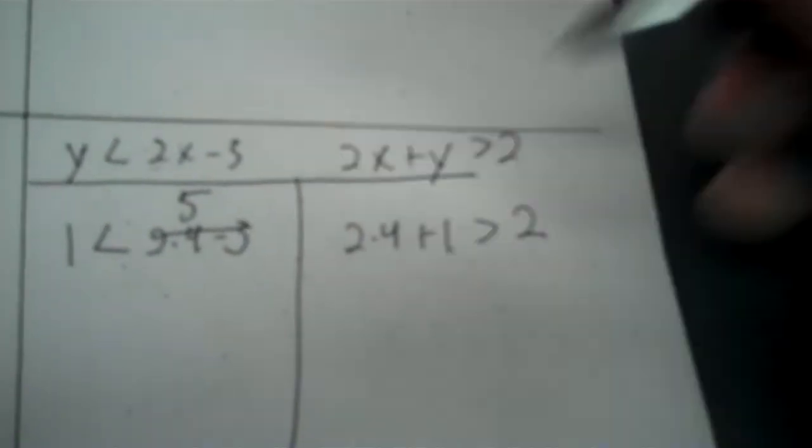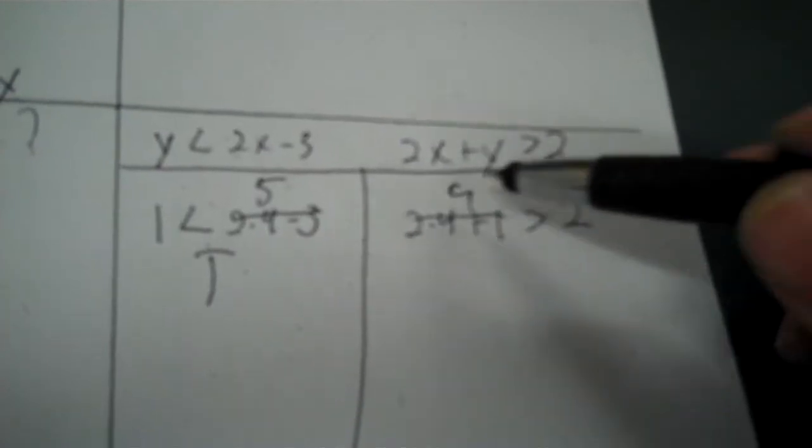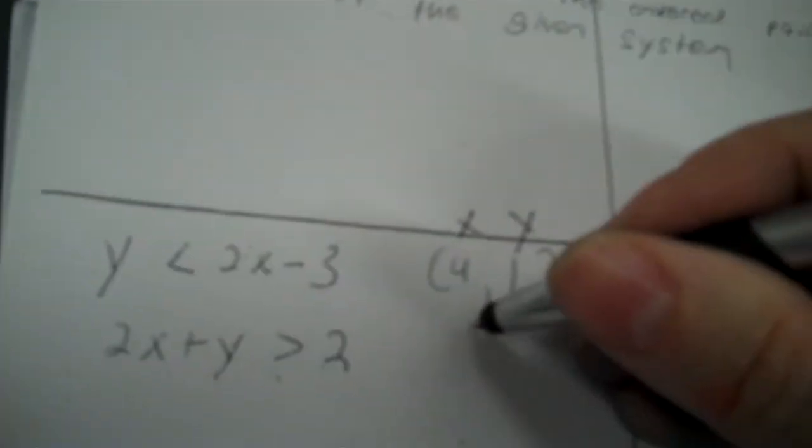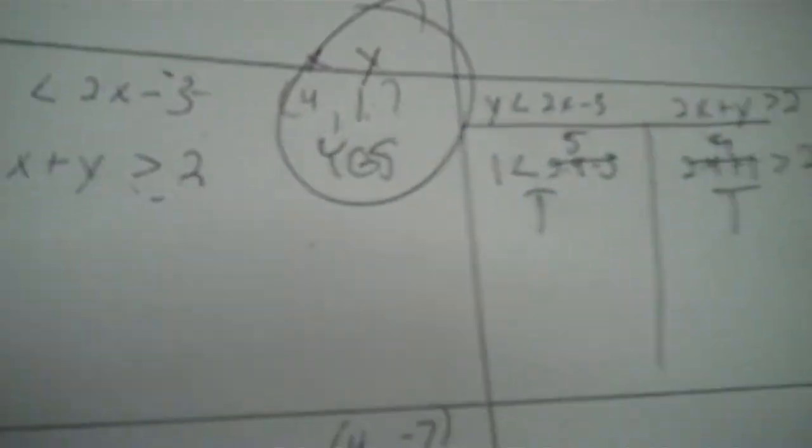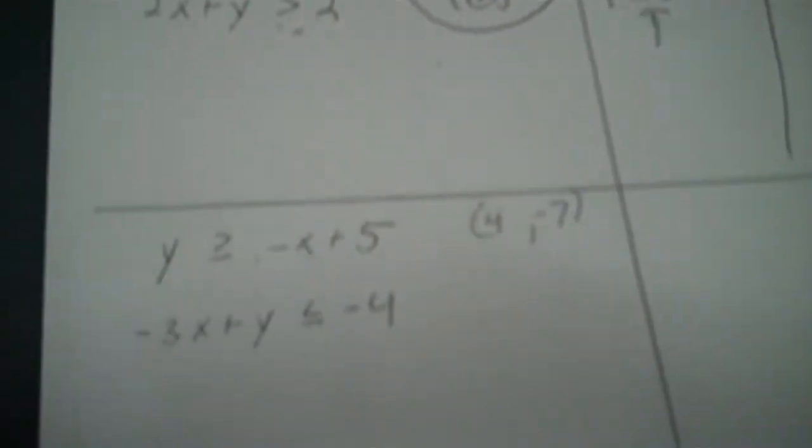Okay, so we got 1 on that side, that's a given. 2 times 4 is 8, minus 3 is 5. 2 times 4 is 8, plus 1 is 9. Does it eat the bigger number? Yep, that's true. Does it eat the bigger number? Yep, that's true. Jackpot, yes, that is a solution for both of them. Okay, so yes, it's a solution to the entire system. Works for both. Okay, next one.